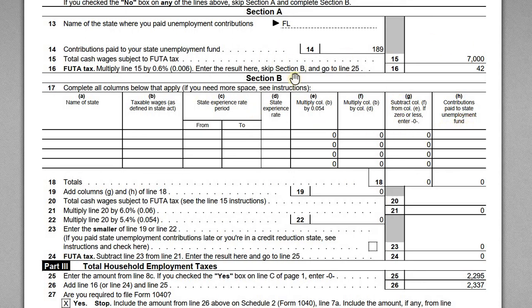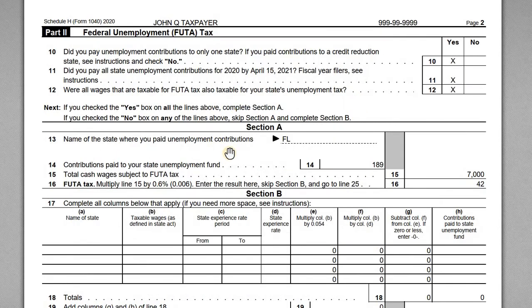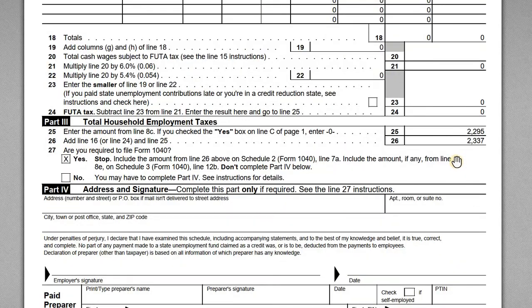Florida wasn't a credit reduction state for 2020, so we're just paying this small 0.6% piece, the $42. Okay, and then in Part 3 here, this is where we total everything up. So we had the $2,295 in Social Security and Medicare taxes, and then we're adding $42 in federal unemployment taxes, and our grand total is $2,337.